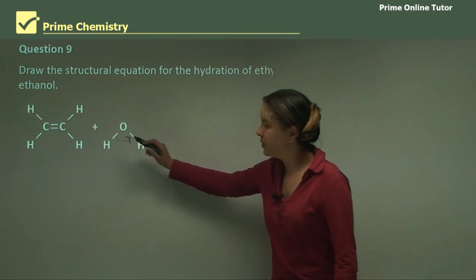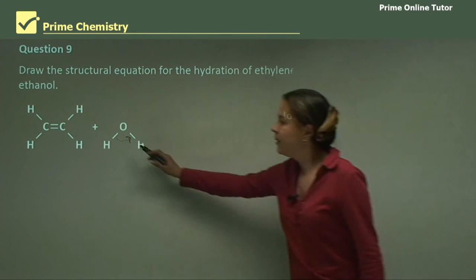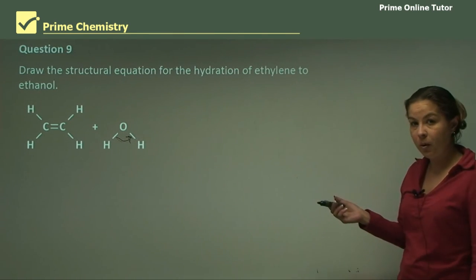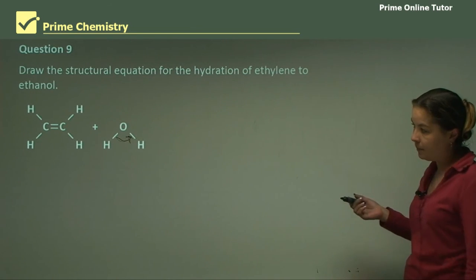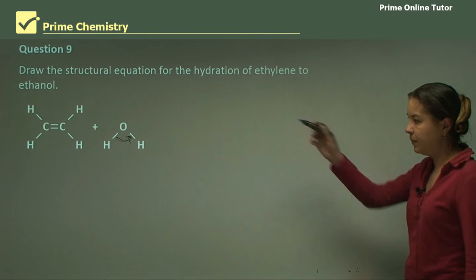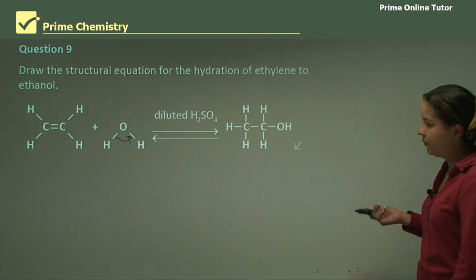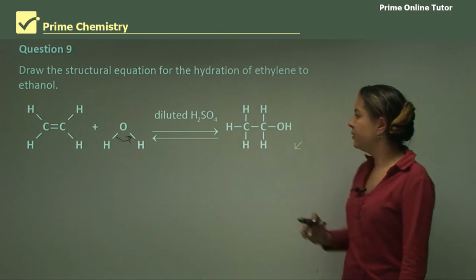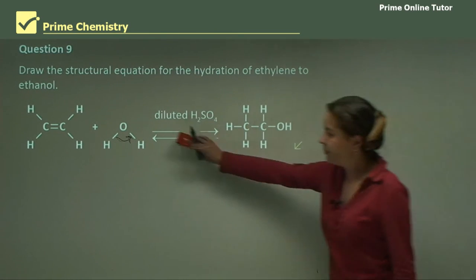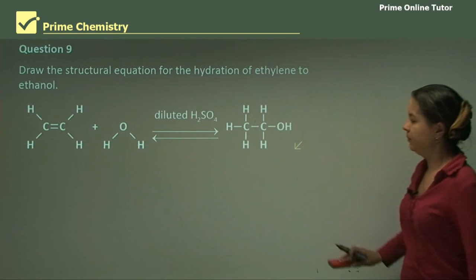It's around about 72 degrees, I think. Don't quote me, but that angle is very important for the bonding and the properties of water. So it's always good to draw H2O in that way. So with diluted sulfuric acid, we get ethanol. So that's your structural formulae.